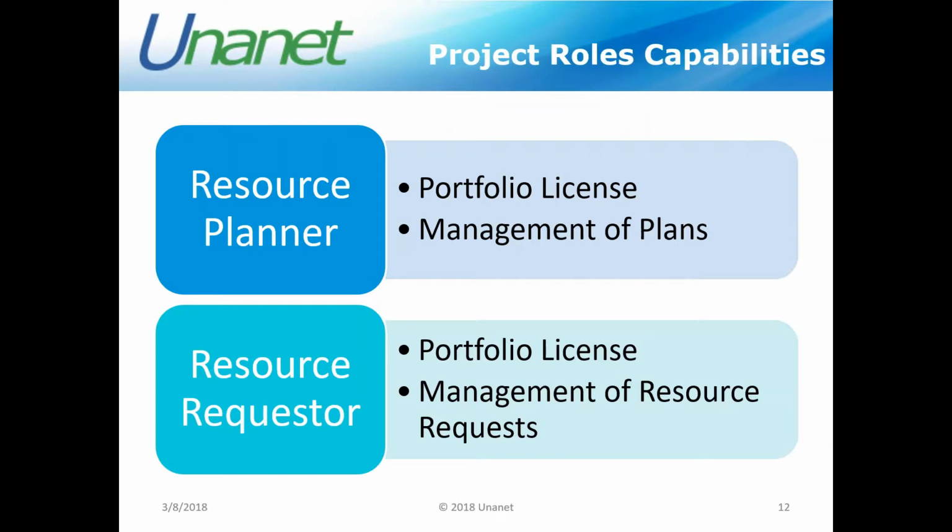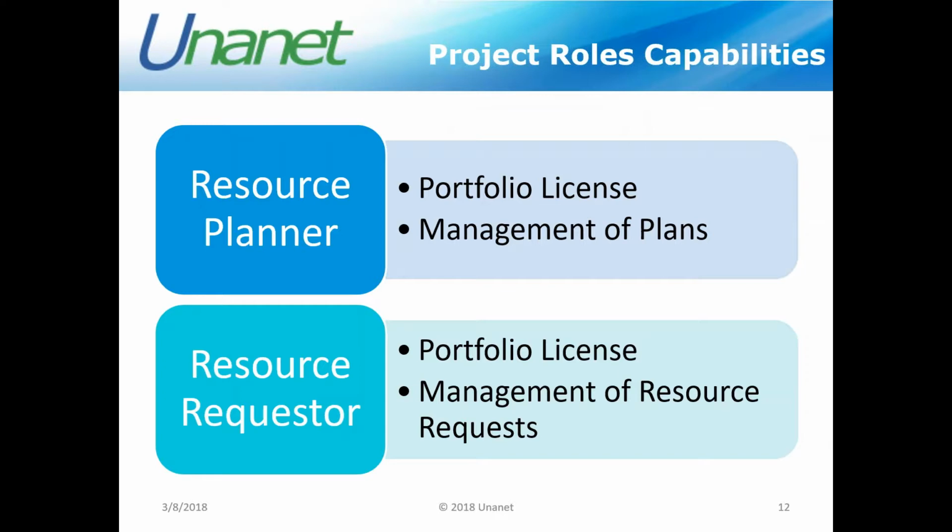The resource requester, again, is part of the portfolio license. And this is a capability within Unanet that I think a lot of times some of our larger client organizations utilize. Let me request a resource from a particular group.